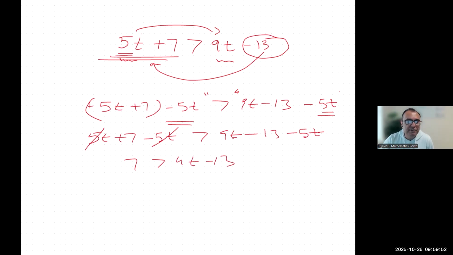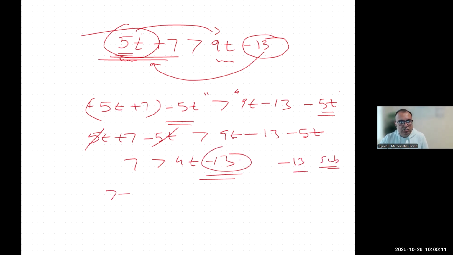Now I've got rid of this 5t. Now I need to get rid of this 13. This 13 is a negative number, but it is subtracting. So I just add this here without changing the sign. So 13 plus 7 makes it a 20.